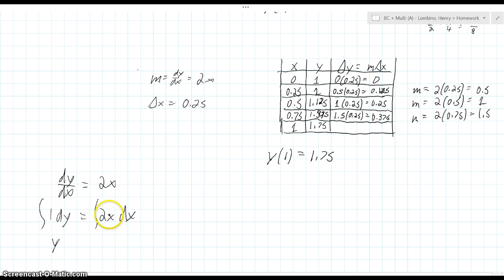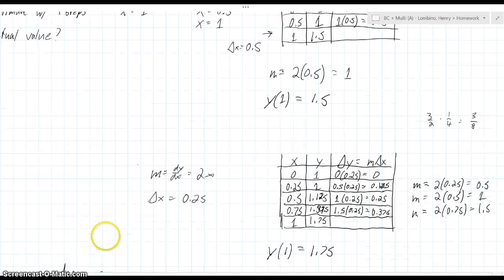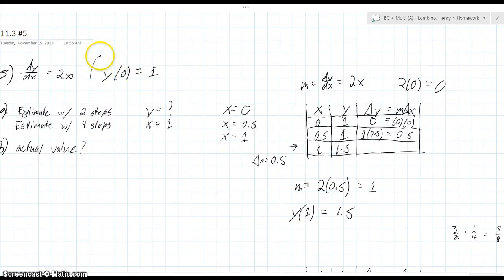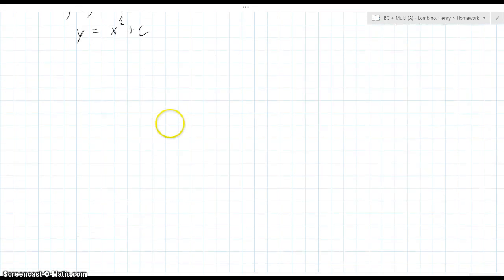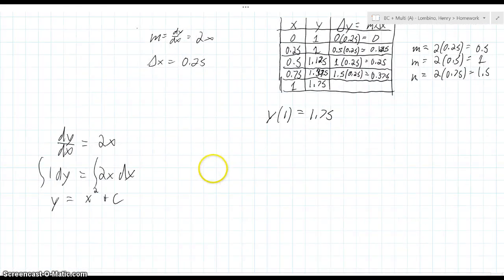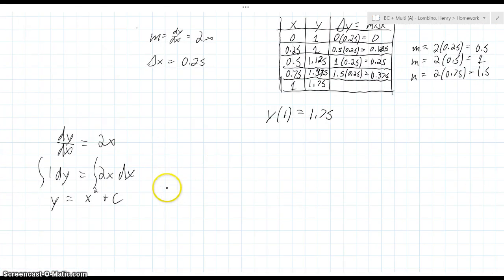We're going to have y equals x squared plus c. And we know from all the way up here, this initial amount right here, that y of 0 equals 1.